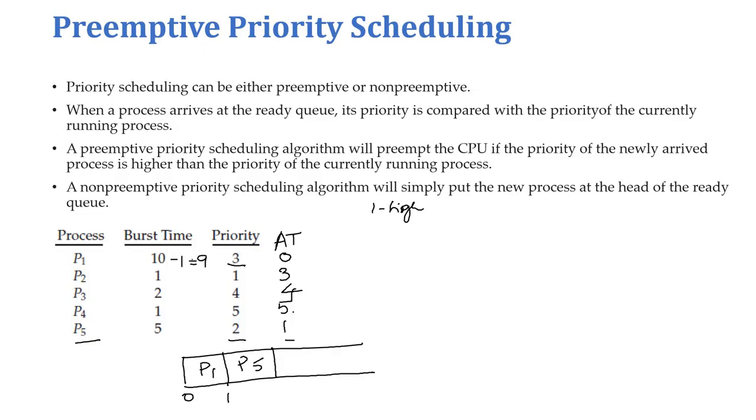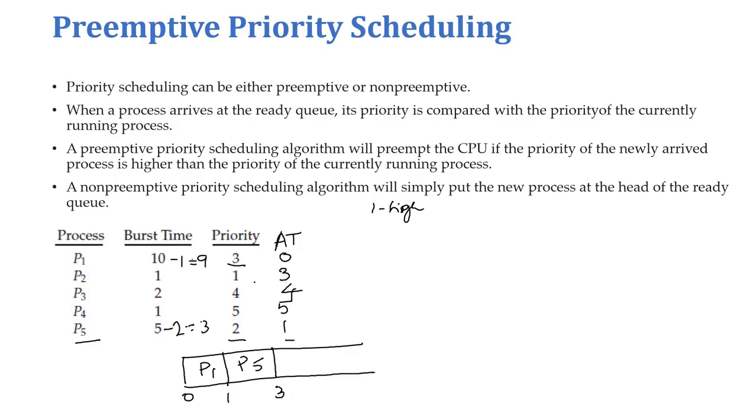At the time of 2, no other processes arrived; the arrivals are only 0, 1, 3, 4, 5. So P5 continues. Now the time is 3. P5 has worked for 2 milliseconds, so the remaining is 3.